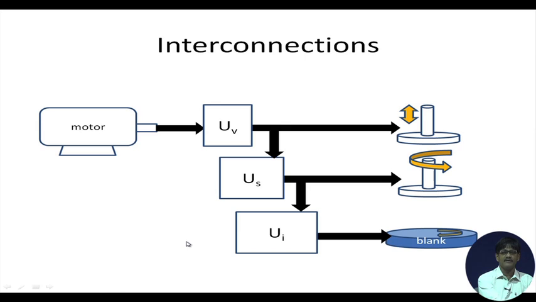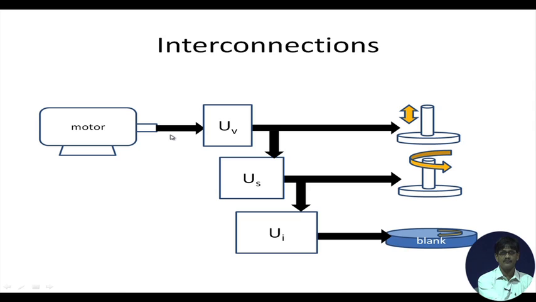So, let us have a look at this particular interconnection. What do we notice here? The motor is first of all serving UV, the speed gearbox. So, rotation of the motor, everything we have represented symbolically. It means that the power is flowing from the motor to the speed gearbox.